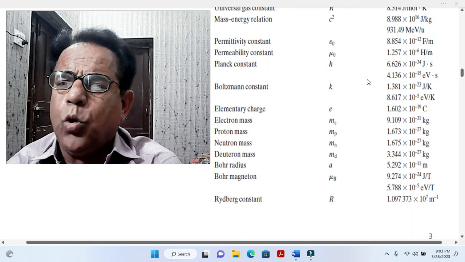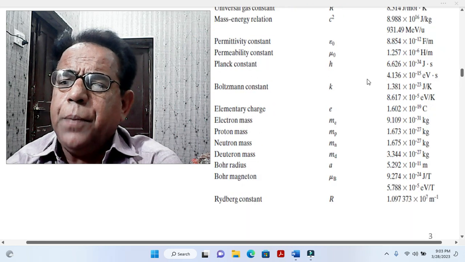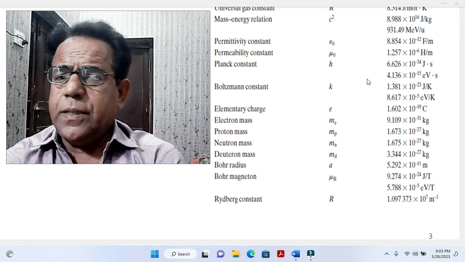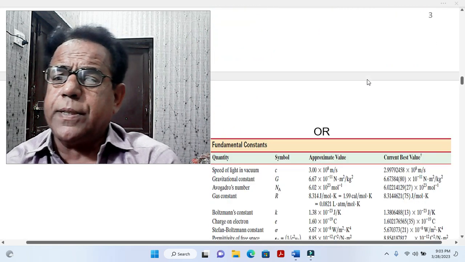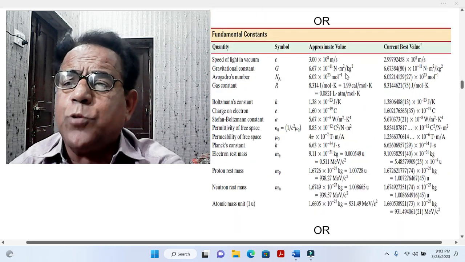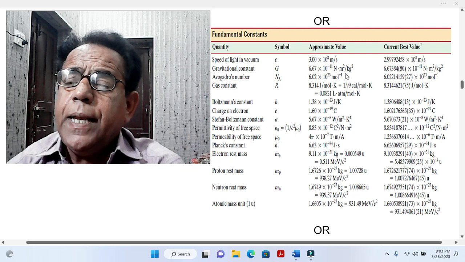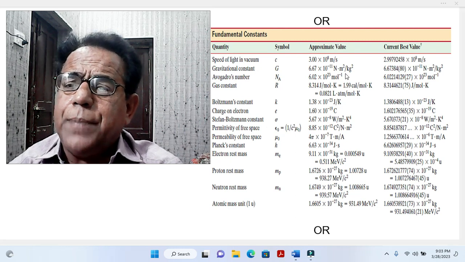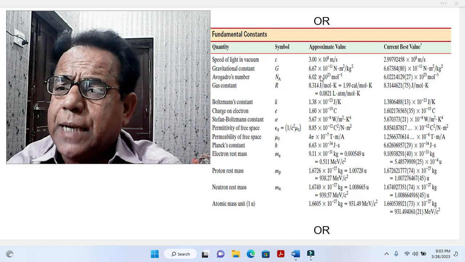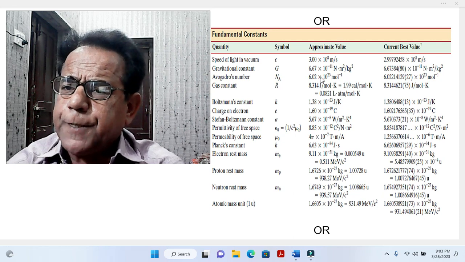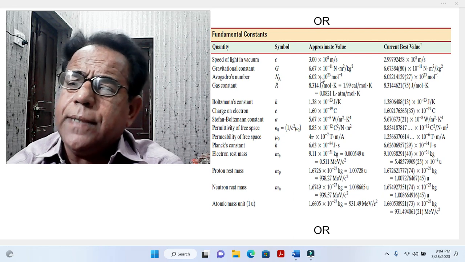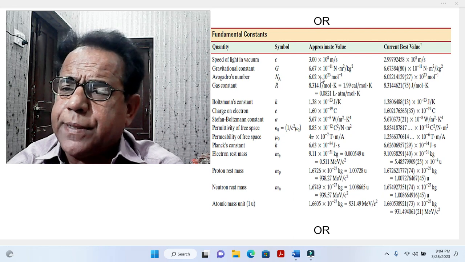Moreover nothing new, Planck's constant, almost the same. Dear students, the same table has also been reproduced in a slightly different manner from some other book. This snapshot has been selected from another book, and here again almost all those things are included which we have discussed previously.